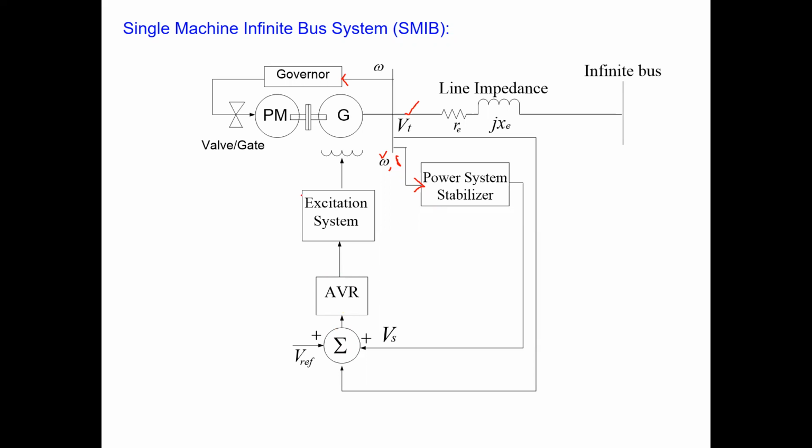So you can see that the excitation system or the AVR has two feedbacks. One is the stabilizing signal. This is the voltage stabilizing circuit signal, and this is your actual voltage, the actual voltage which you get here. So overall, when you have to model one generator, you take into account the differential equation of the generator, the prime mover, the governor, the excitation system, and even the PSS here.